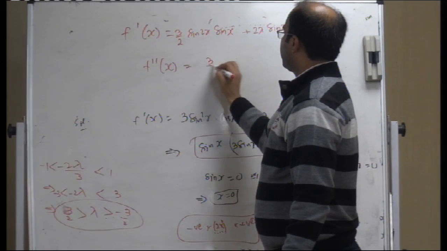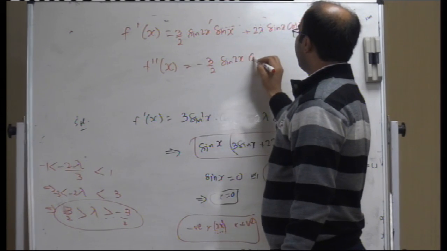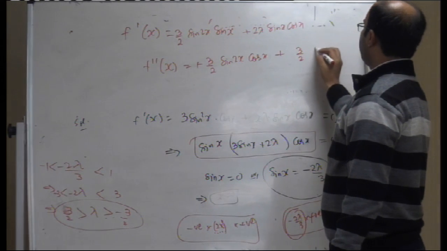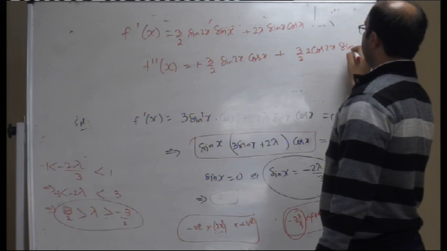So this would become 3 by 2 sin 2x, and this would become minus plus cos x plus 3 by 2. This would become cos 2x into twice, and this would become sin x.